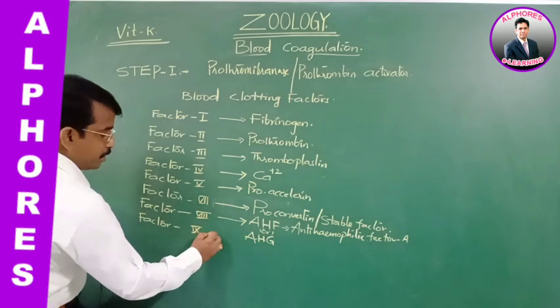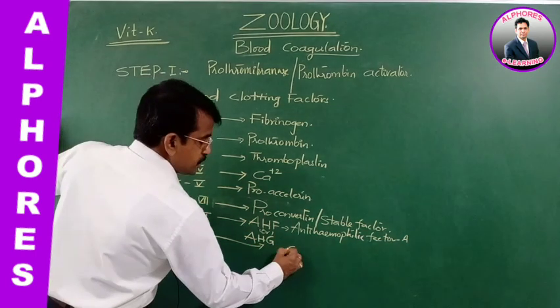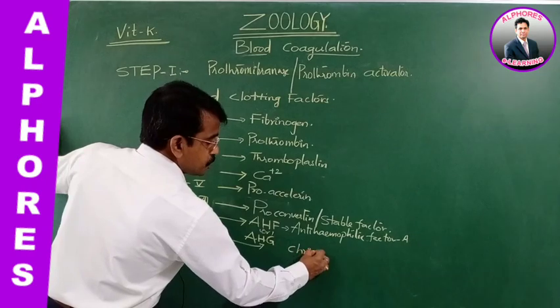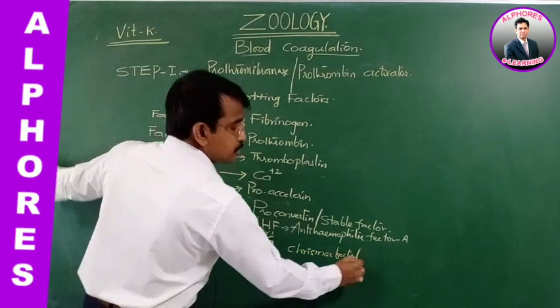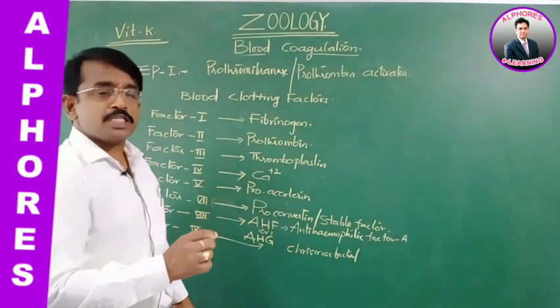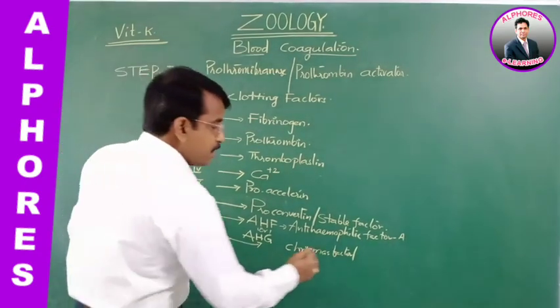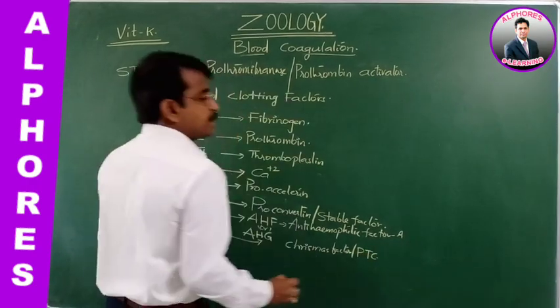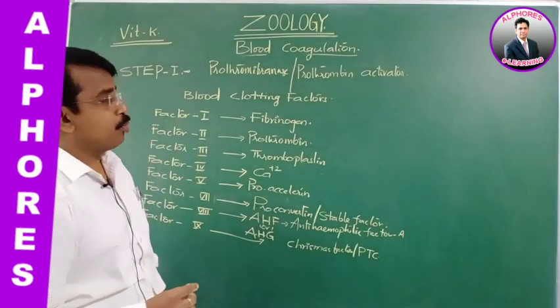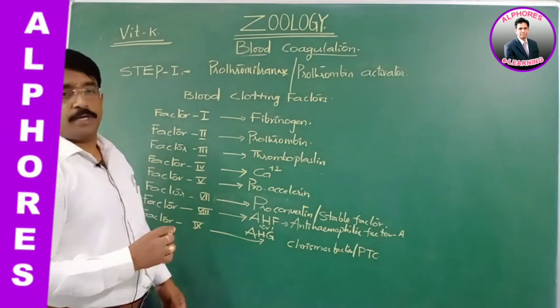Next, factor 9 is named the Christmas factor, or else the plasma thromboplastin component. PTC stands for plasma thromboplastin component.